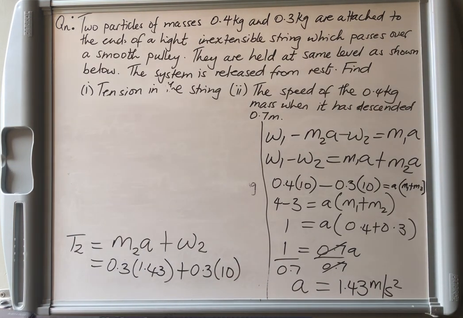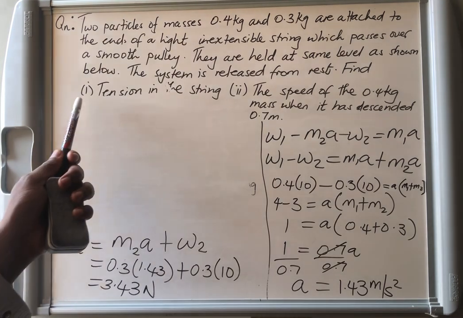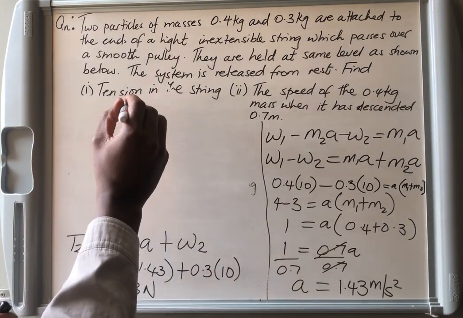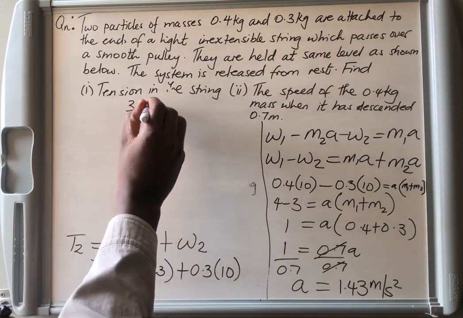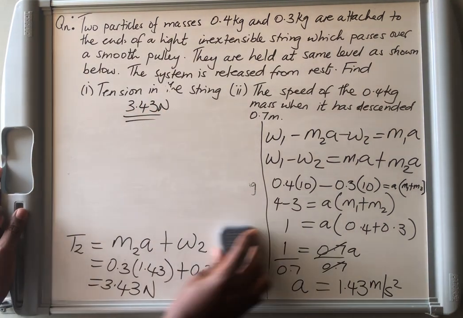So I have that multiplied by 0.3 plus 3. So I have 3.43 newtons. So ladies and gentlemen, for item 1, the tension is 3.43 newtons. That's your answer for item 1.